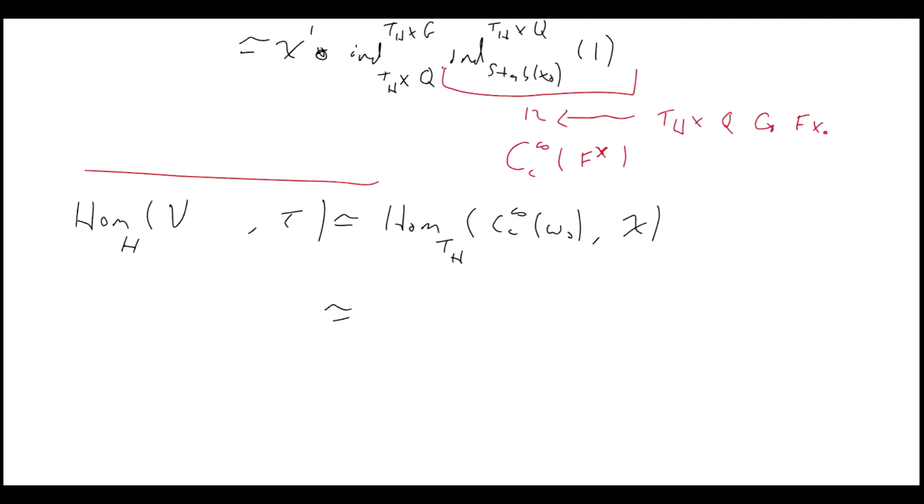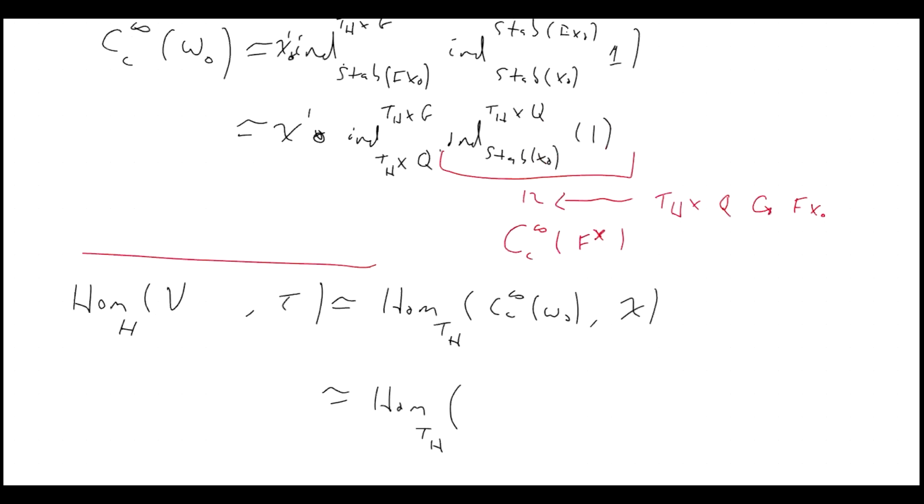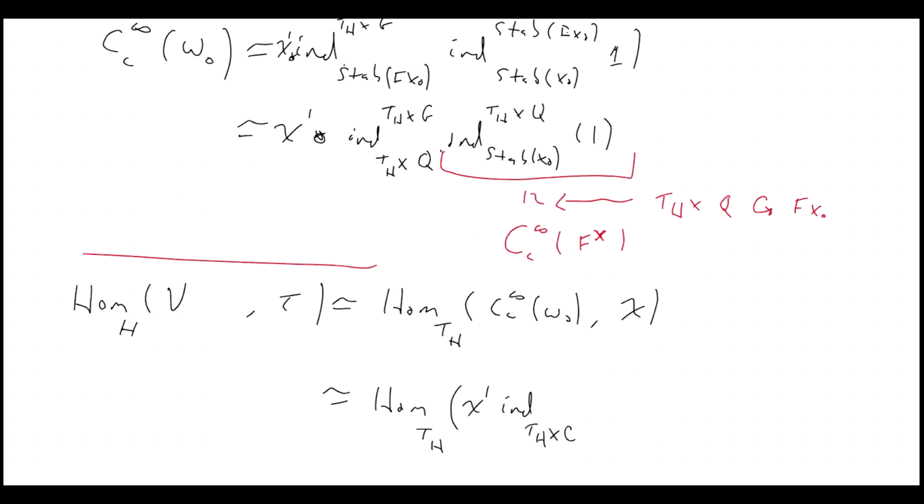We've now rewritten the space of smooth compactly supported functions as an induced representation. Some chi prime, then we have a parabolic induction, and then we have this space of smooth functions on F cross.